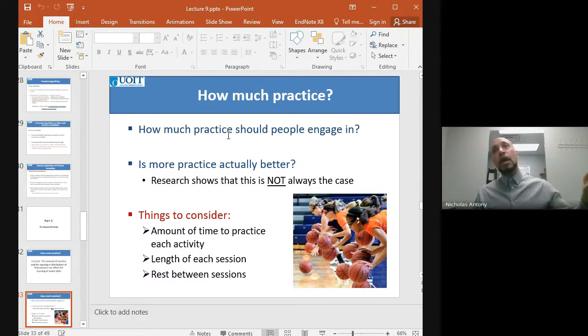And if they've practiced up to a point where they've learned the motor skill, is more practice better? This may not always be the case. We're going to be talking about a concept called diminishing returns. It's super interesting. And so the things that researchers have considered are the amount of time to practice, the length of each session, and some factors in the rest between sessions.